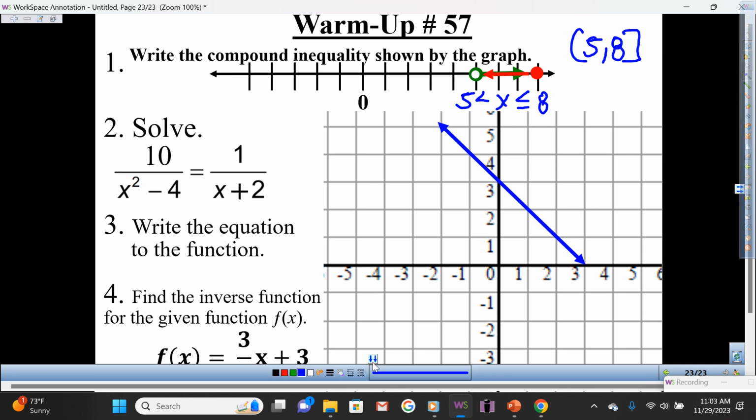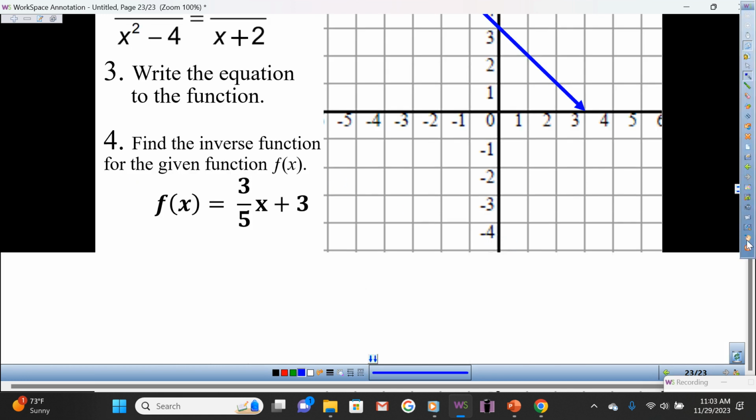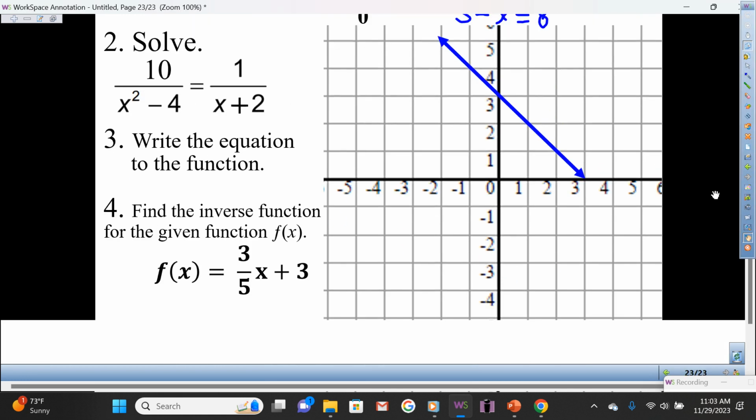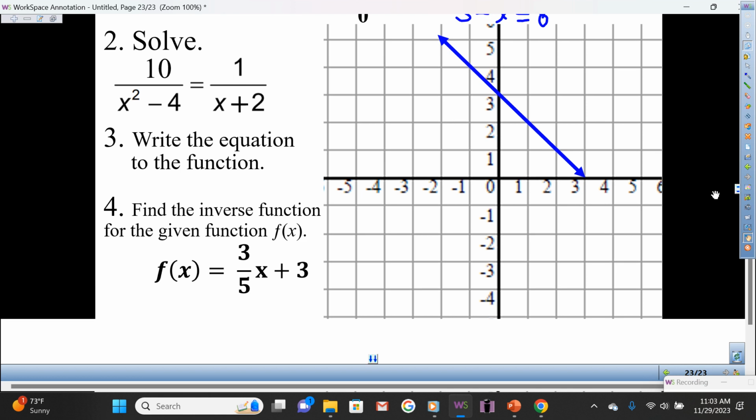Number two. Tell your neighbor what you got for your solutions for number two. You should be able to do those completely by yourself. x equals, and x equals. So, number two, Courtney Jean, pass to someone.